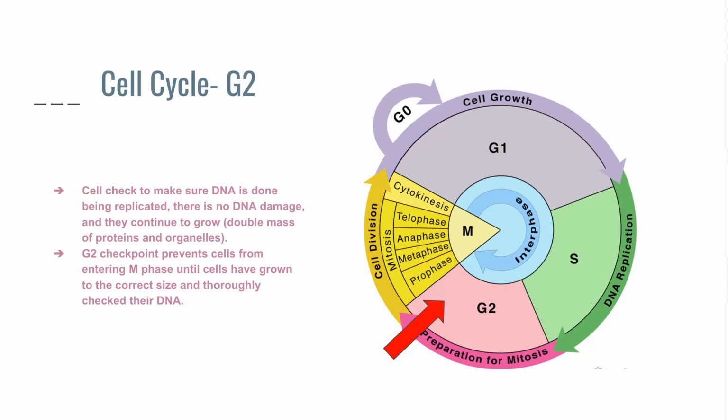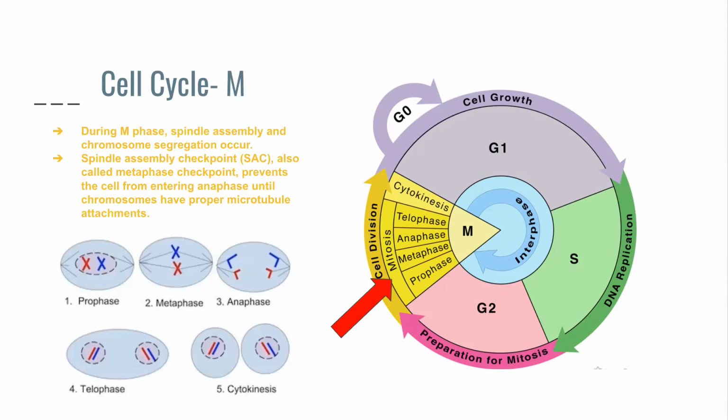So we have another checkpoint during G2 where the cells cannot enter M phase until they have grown to the correct size and thoroughly checked their DNA. If the cell is at a good enough size to divide and all of its DNA looks good, undamaged, it will proceed to M phase, where spindle assembly and chromosome segregation will occur.